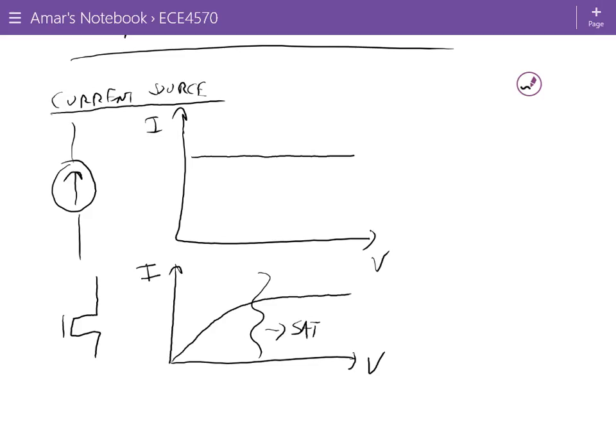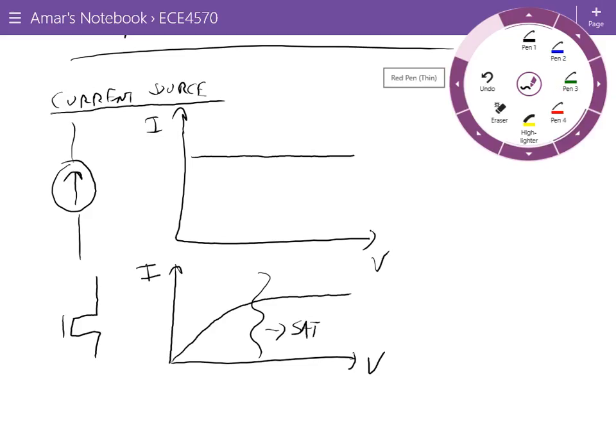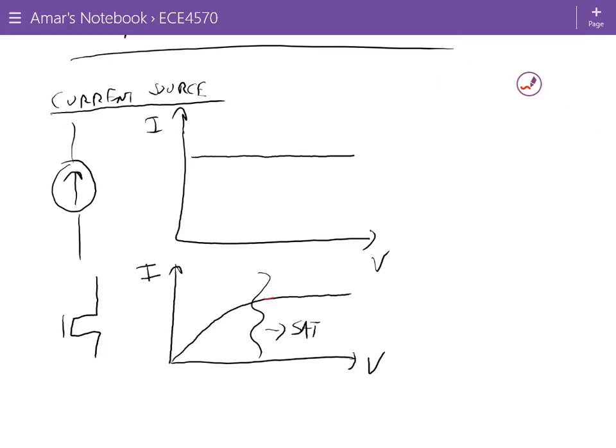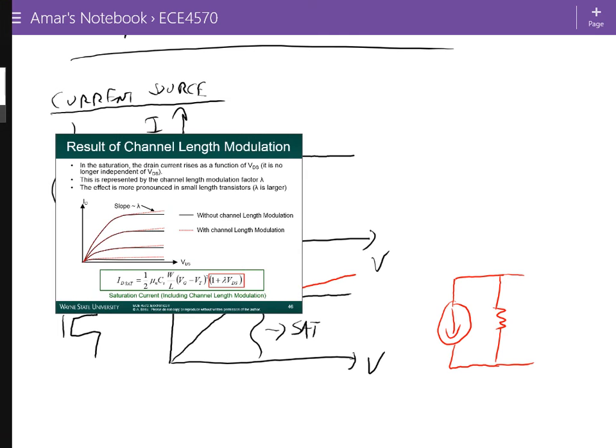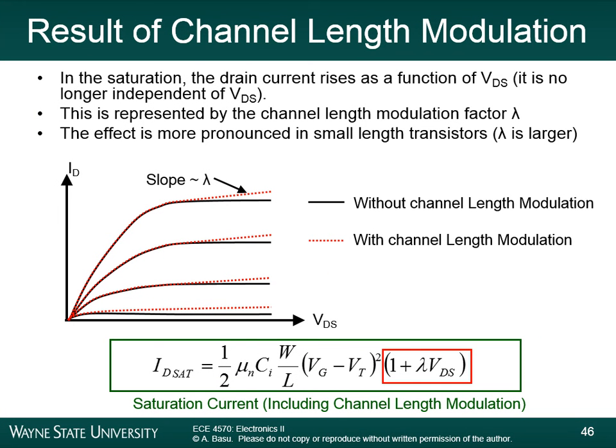But if you have the short channel effect and your line looks like this instead, now instead of an ideal current source like you have here, you have a current source with a parallel resistance. So you have to take that into account. That's the reason why people care about the short channel length modulation effect.